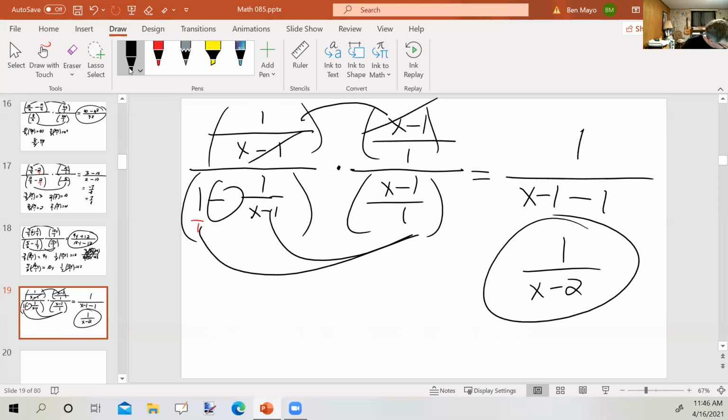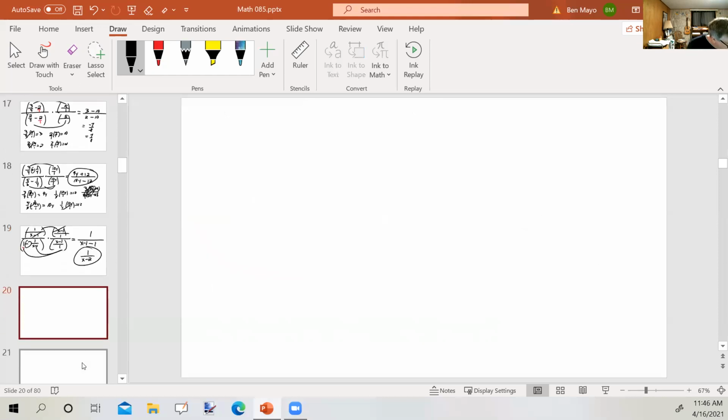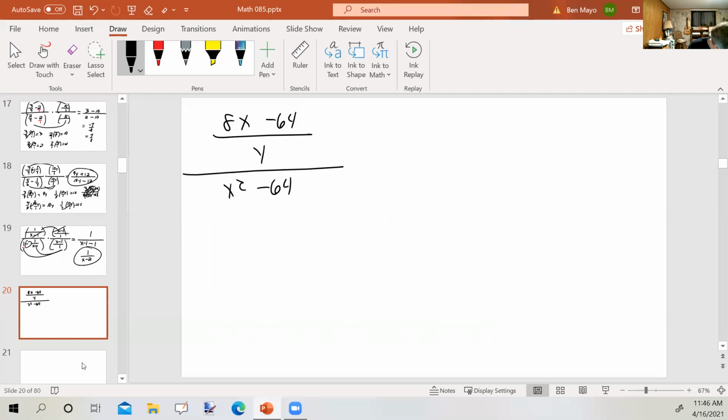All righty. Let's do how about this one? 8x minus 64 over y divided by x squared minus 64 over y squared.